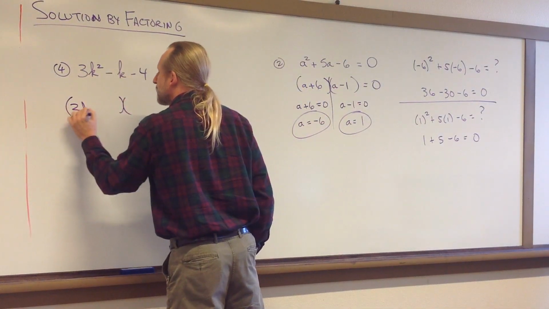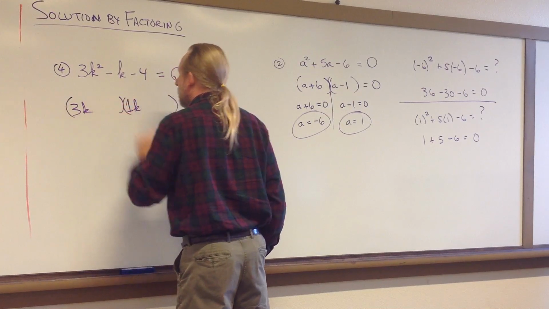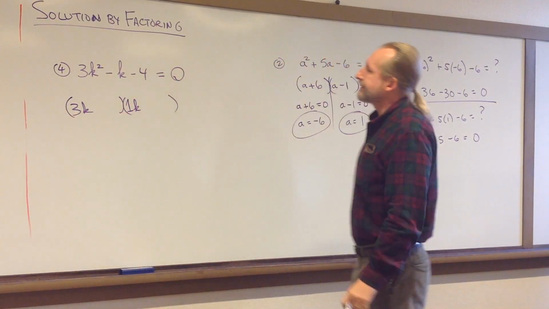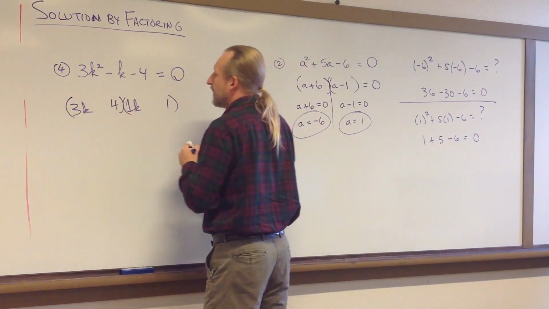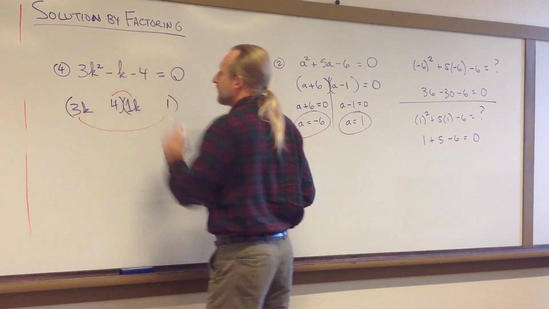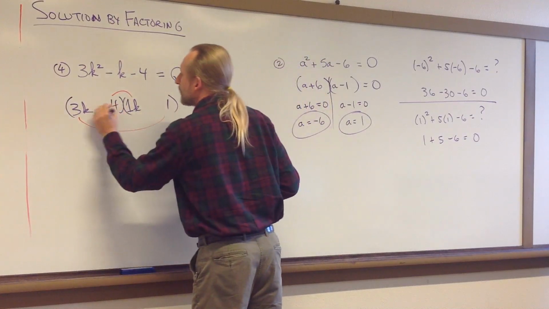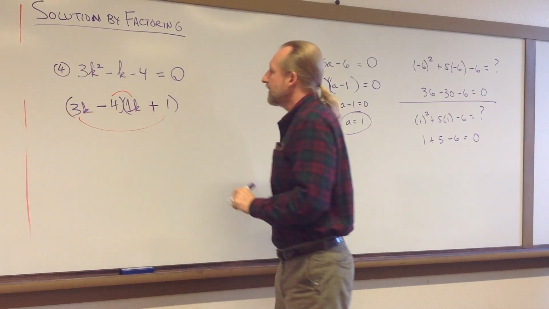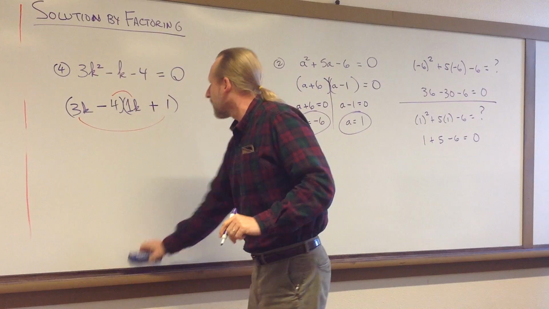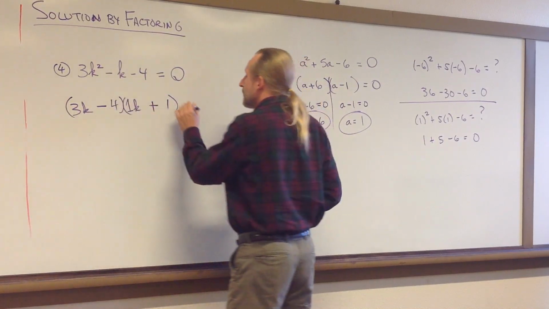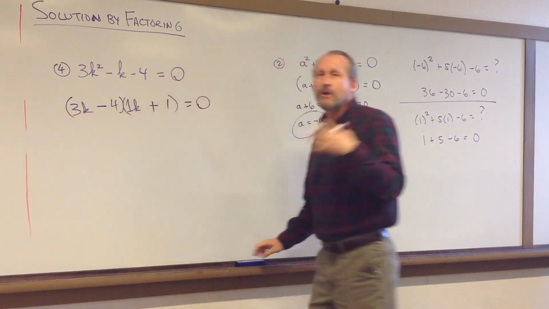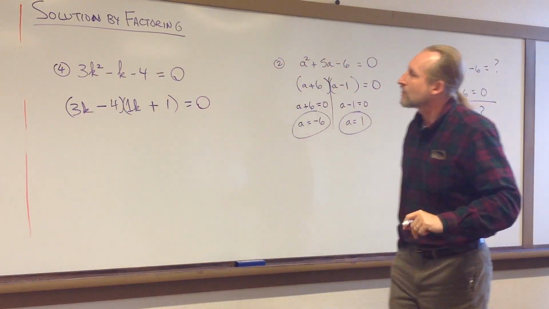We'll split up the 3 into 3 times 1. And let's see here. Yeah, if we put the 4 here and the 1 here, then you'll have 4 minus 3 is 1, and we want the 4 negative, and we want that 3 to be positive. Okay, so there's the factorization. And it's important to check and make sure that your factorization is correct, otherwise your answer won't be correct.